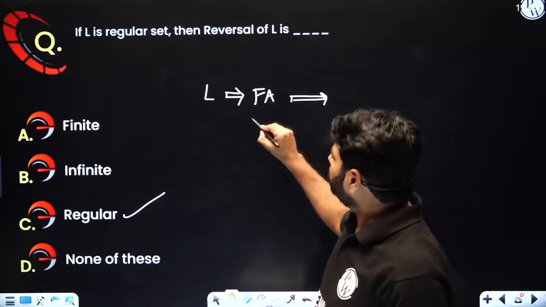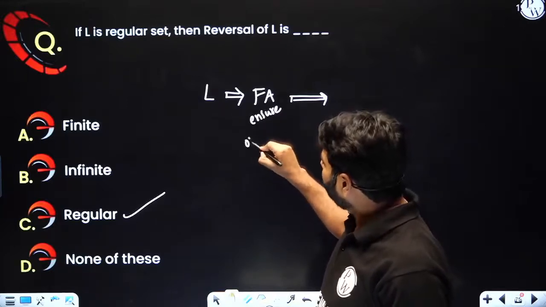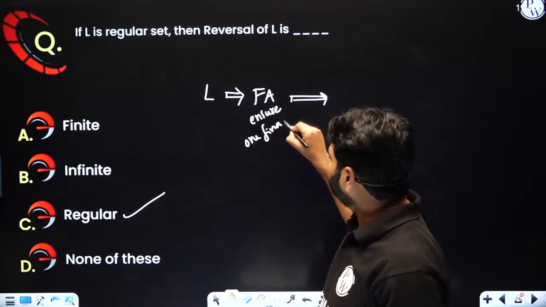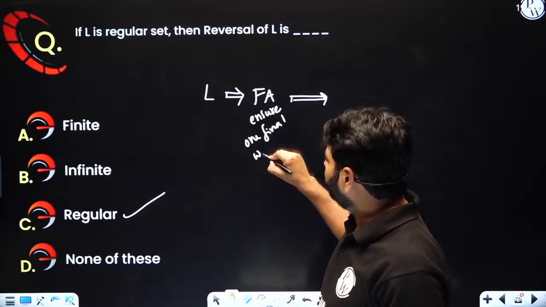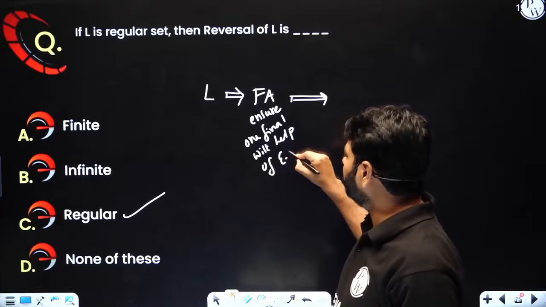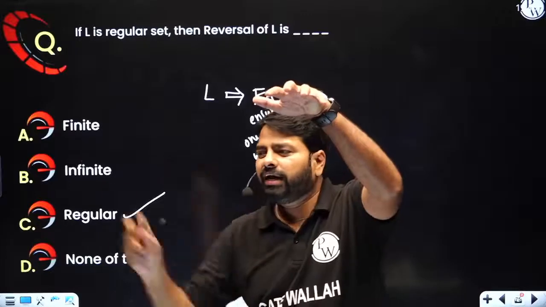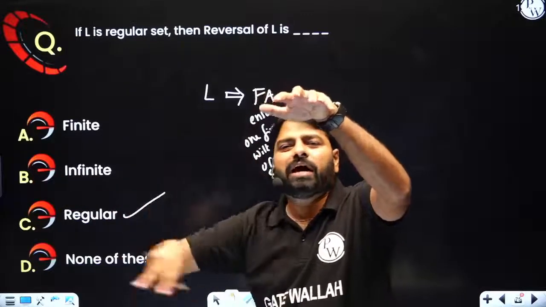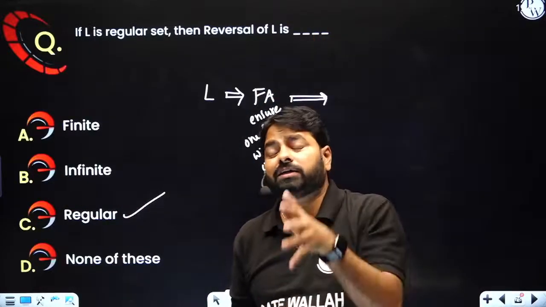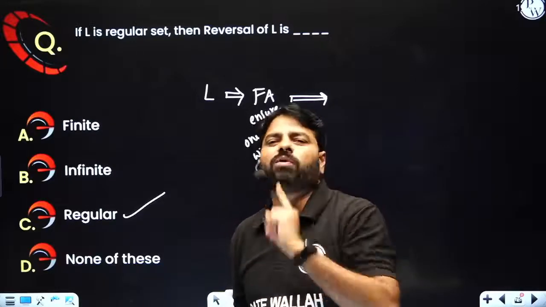So ensure you have one final with the help of epsilon transitions. How do you ensure? If there are 4 finals, create a new final, give epsilon moves, and make the existing finals non-final. So if you have 10 finals, you make only one final.